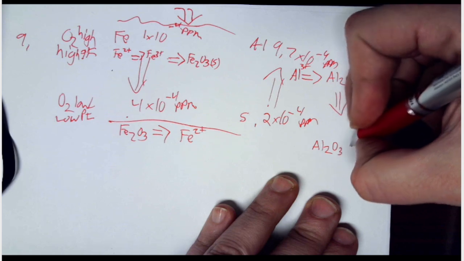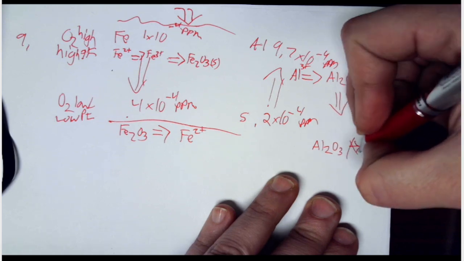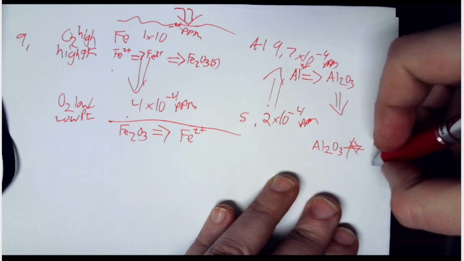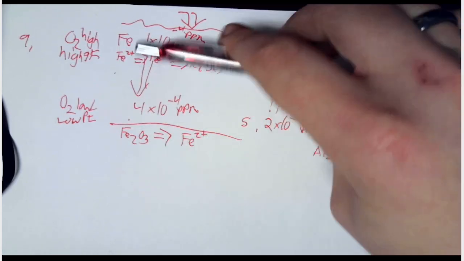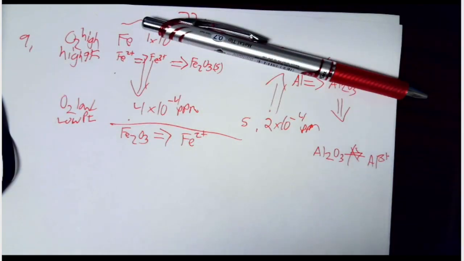Al2O3 does not change back into Al3+. So any aluminum that crashes out after being oxidized doesn't redissolve on the ocean floor. It's not really a low enough pE for that to occur.